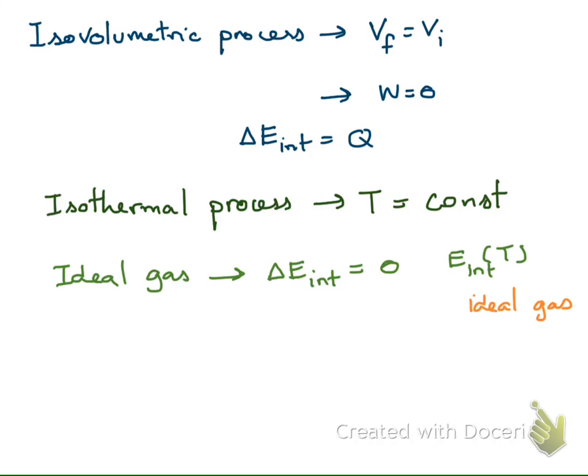So the change of the internal energy is equal to 0. It means that Q is equal to minus W. That is, the amount of heat that enters or leaves the system must equal the work done on the system.